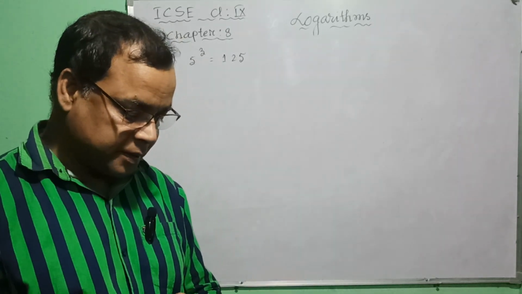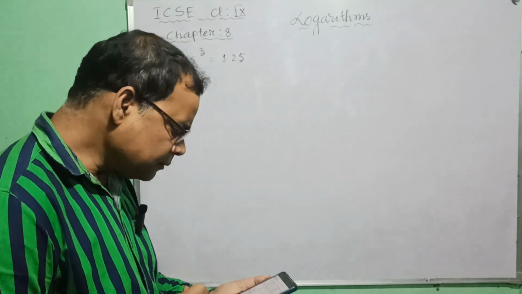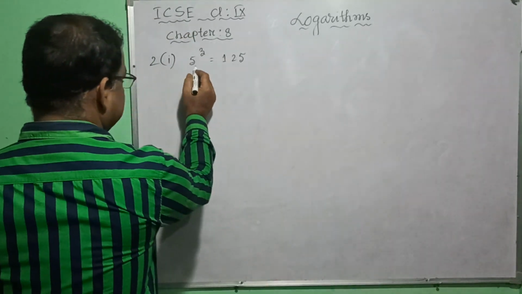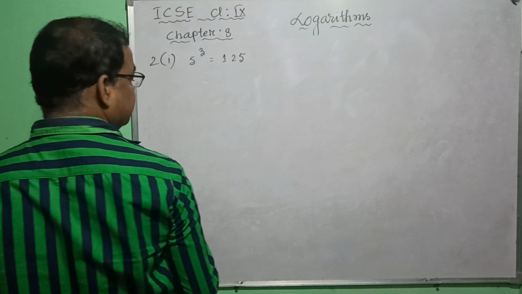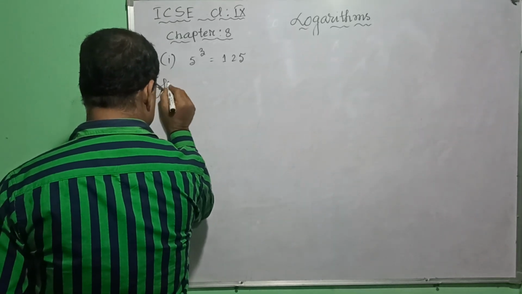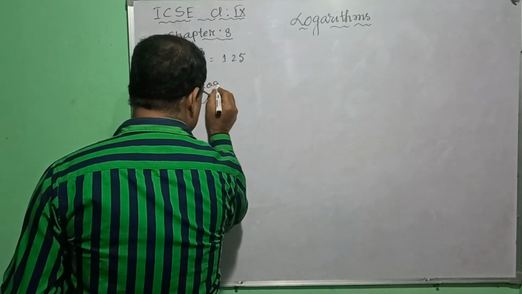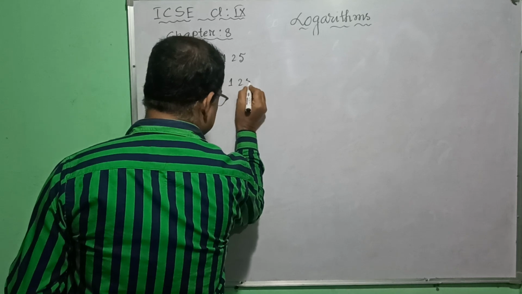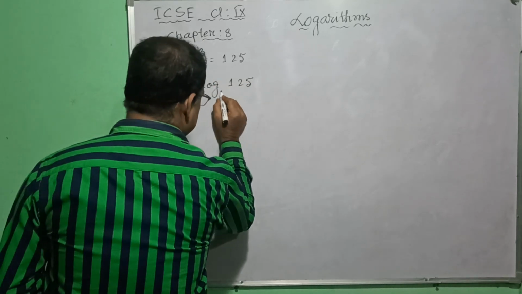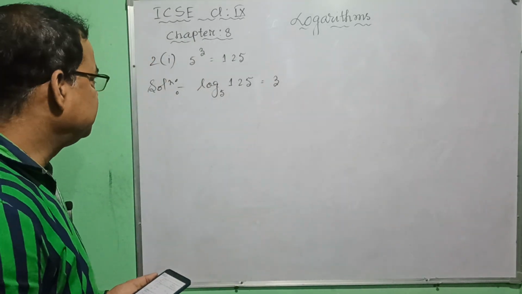So we have to express it in logarithmic form. As it is given 5 cube equal to 125, we can write in the solution log 125 at base 5 equal to 3. So this is the answer.